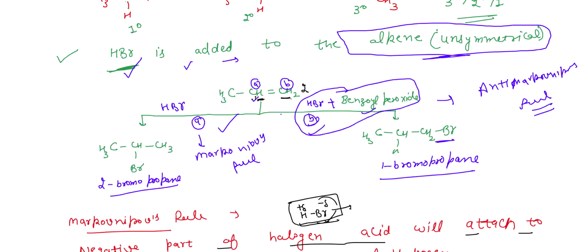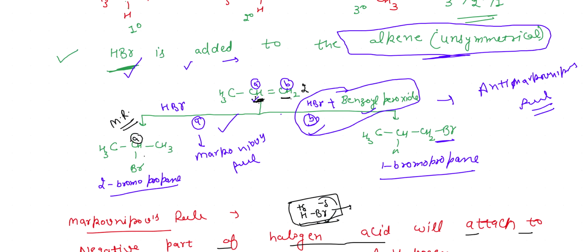It has fewer hydrogens compared to the other carbon. So you check the number of hydrogens linked to the alkene carbons. That's why bromine is attached to carbon A. This is the addition according to Markovnikov's rule. So this is the saying of Markovnikov's rule.